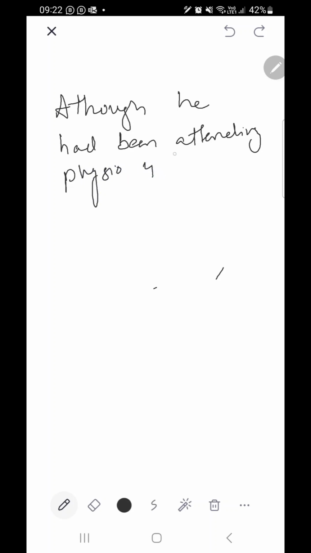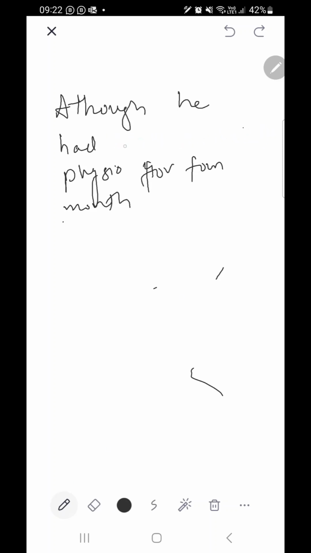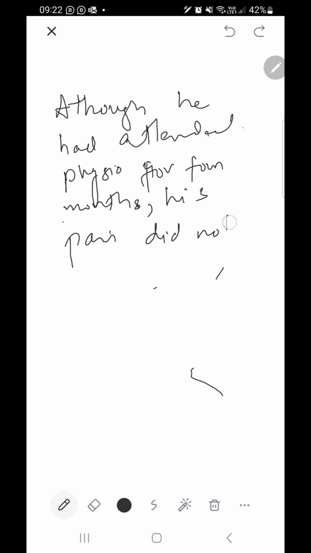Although he had been attending physio for 4 months, or although he had attended, in past perfect, physio for 4 months, his pain did not improve.